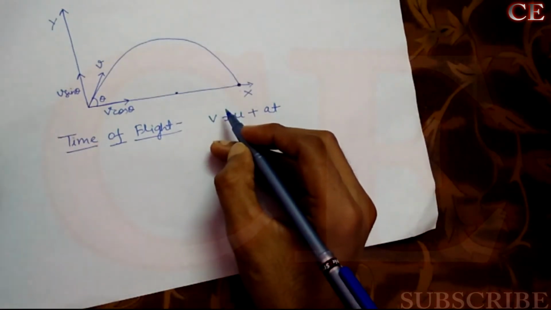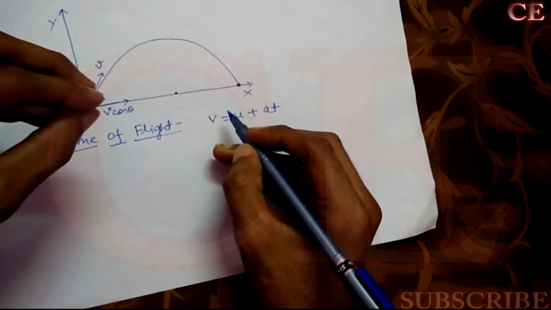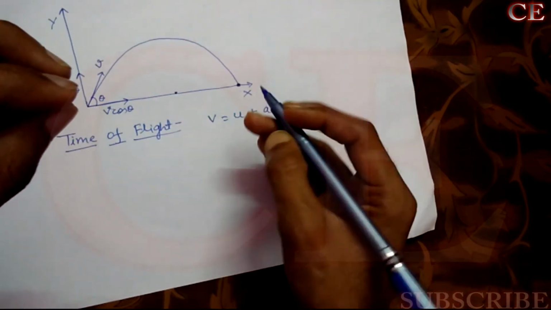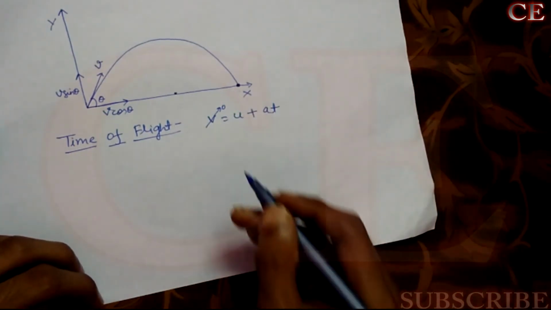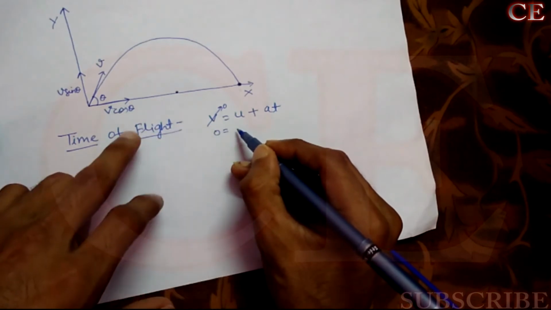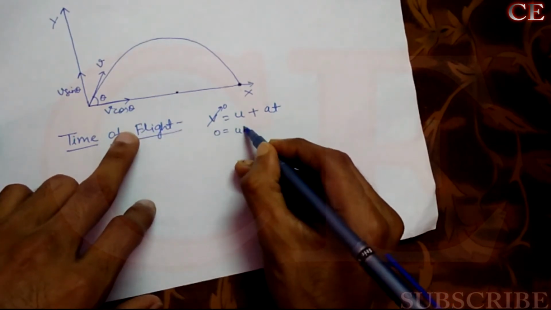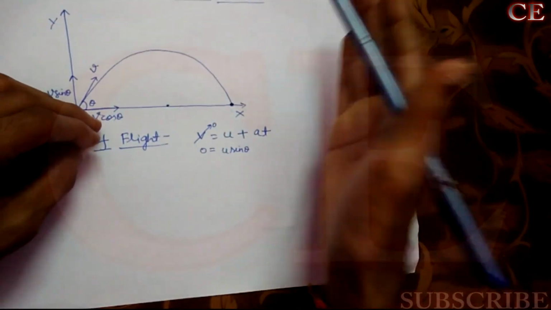When the ball has reached the top, the final velocity becomes 0, and the initial velocity is u sin theta, because we are noticing it in this plane.